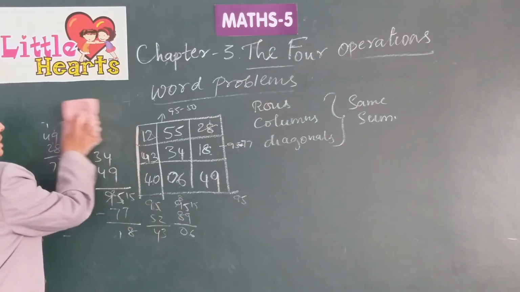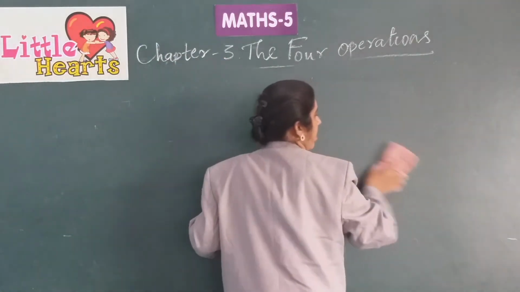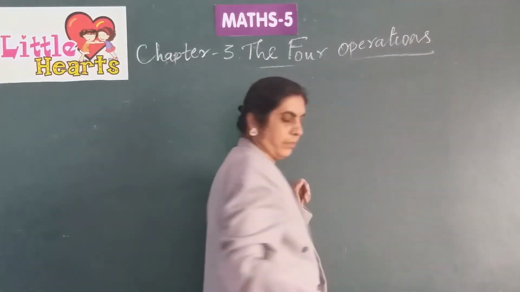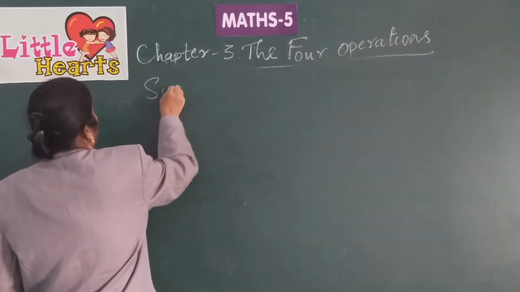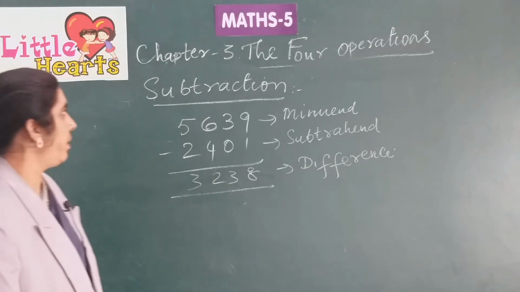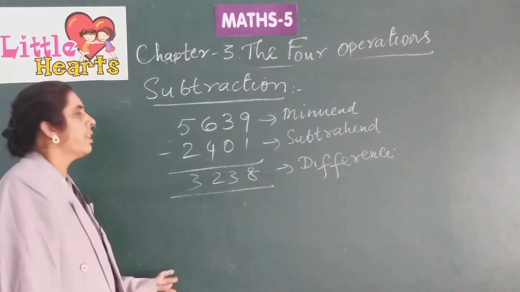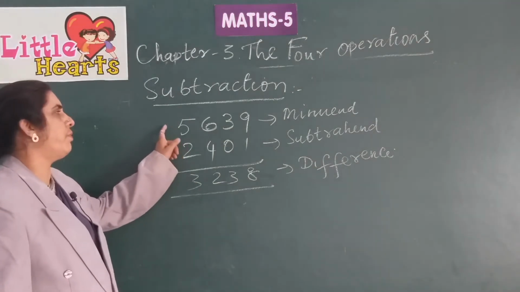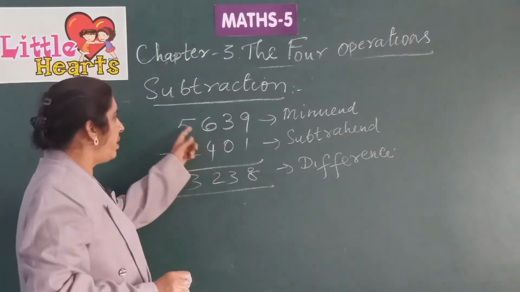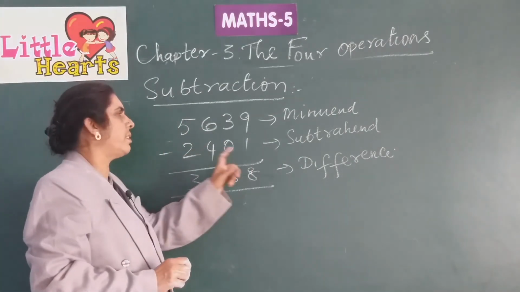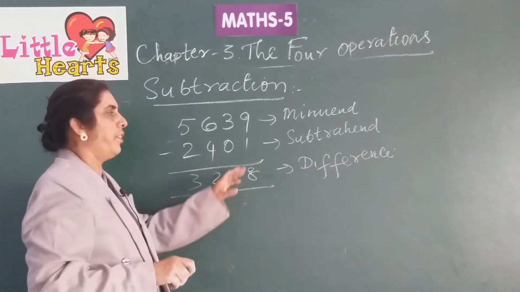Now let us go with the second operation, subtraction. In subtraction we have two numbers, and the bigger number from which we subtract is known as minuend, and the number that we subtract is known as subtrahend, and the answer we get is known as difference.